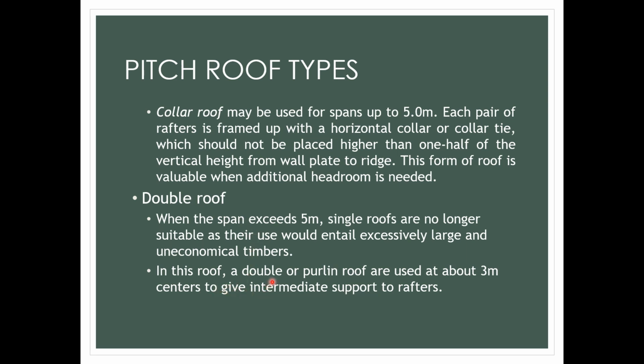In this roof, double or purlin roof are used at about 3 meters centers to give intermediate supports to rafters. So they are going to put on another extra component to support the rafter, which is the purlin. Purlin is connected across the rafters at about 3 meters centers.